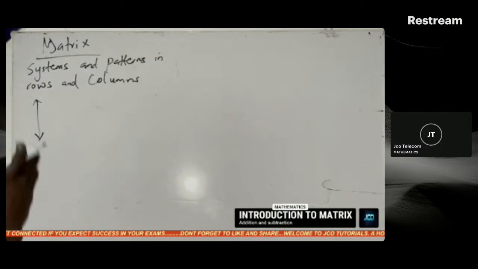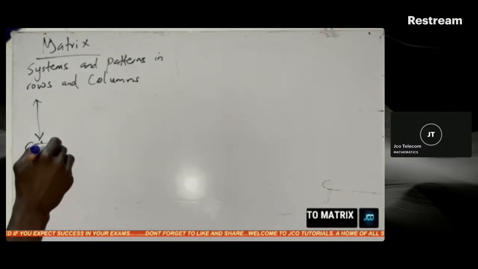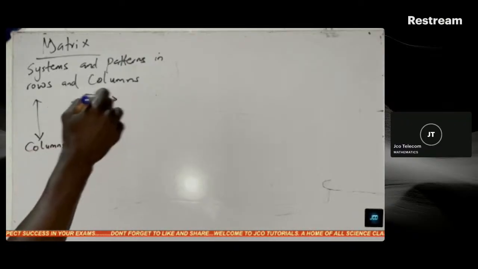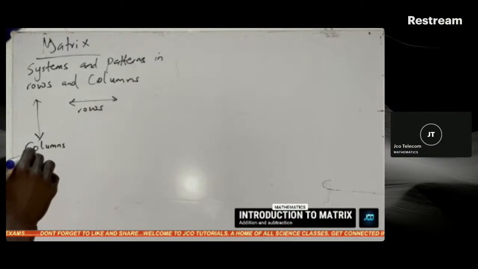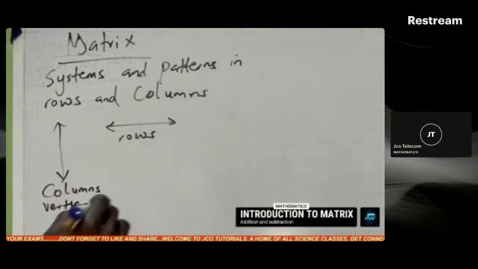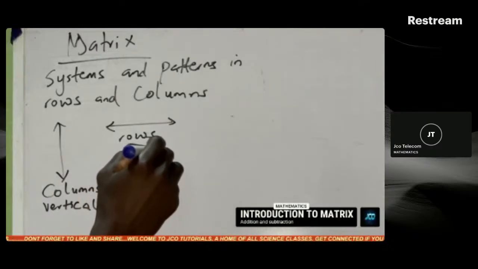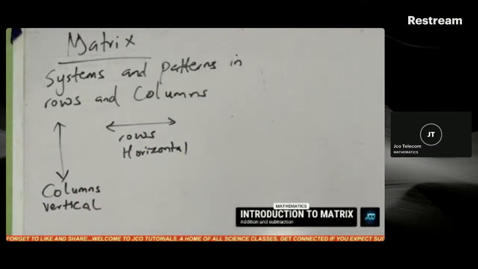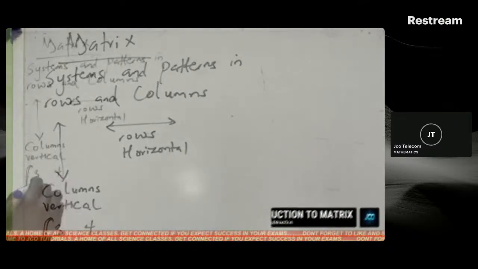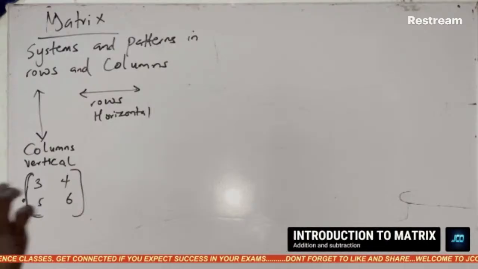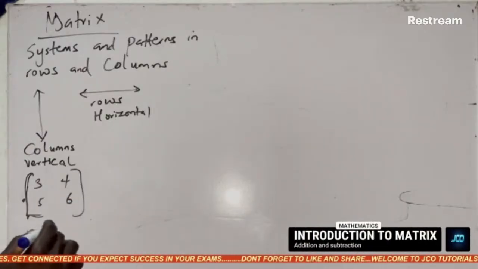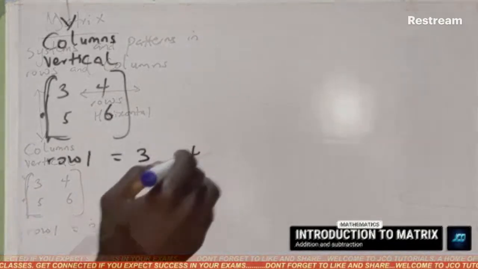So you could have numbers like this, they are called columns. Numbers in this format are called rows. So columns are what? Vertical, and rows are horizontal. I'll give an example. Let's say we have 3, 4, 5, 6. So if you watch here, row 1 is 3 and 4.